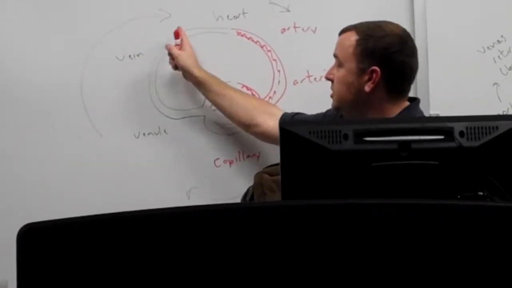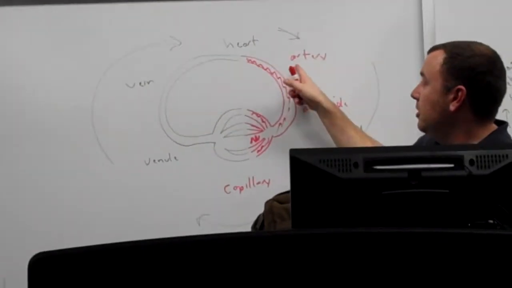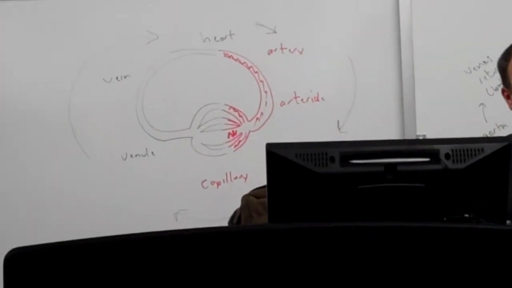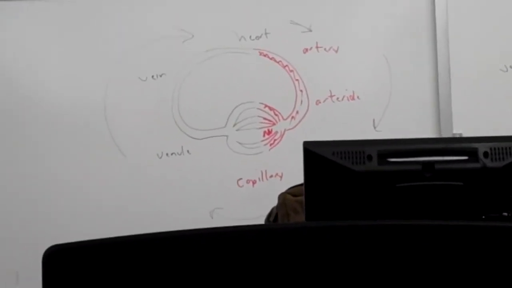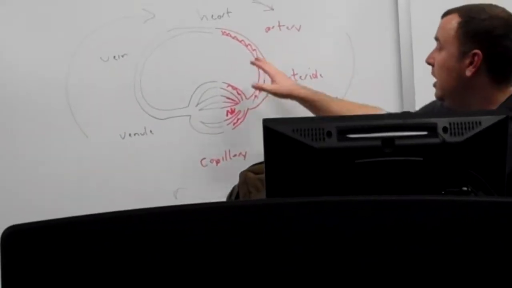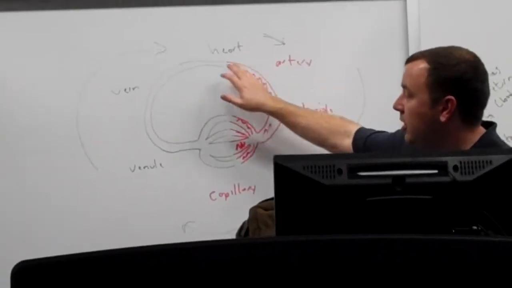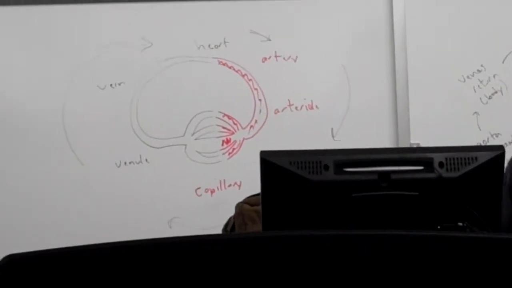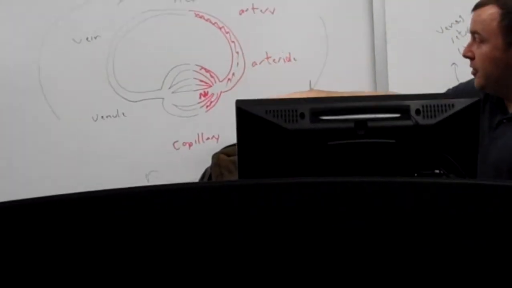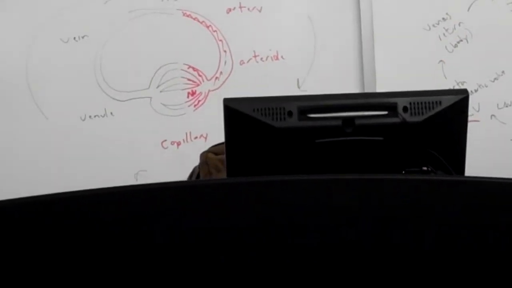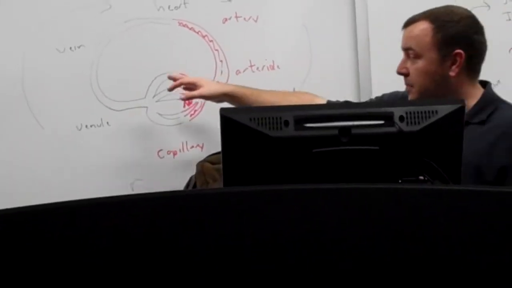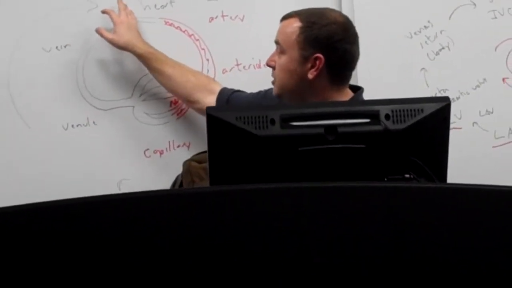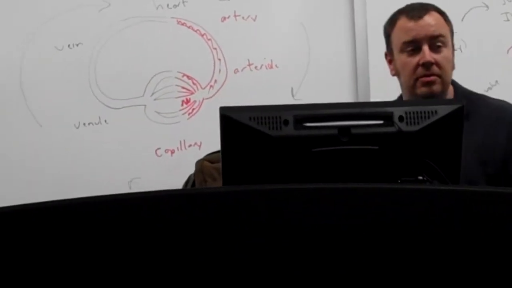So the veins are always carrying blood towards the heart, and arteries are always carrying blood away from the heart. That's hard and fast. That's a 100% rule. Arteries are always going away from the heart. Veins are always going towards the heart. Most of the time, 99% of the time, the arteries flowing away from the heart contain oxygenated blood, and 99% of the time, the veins flowing towards the heart contain deoxygenated blood.